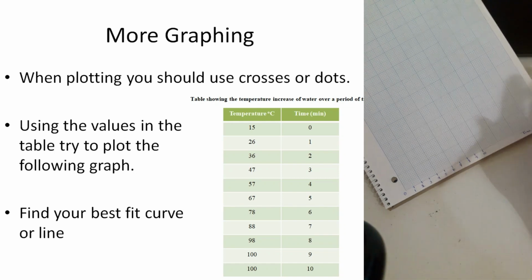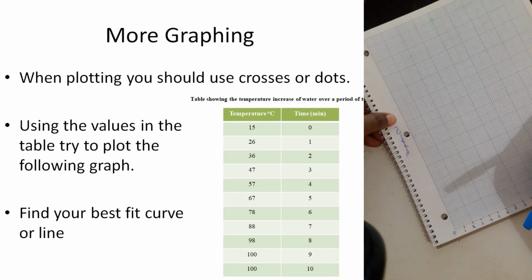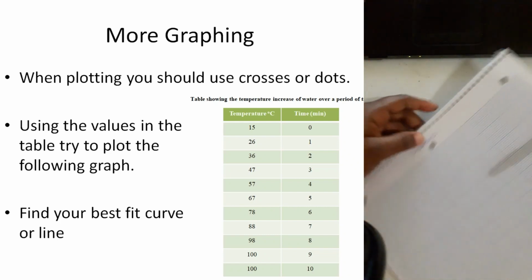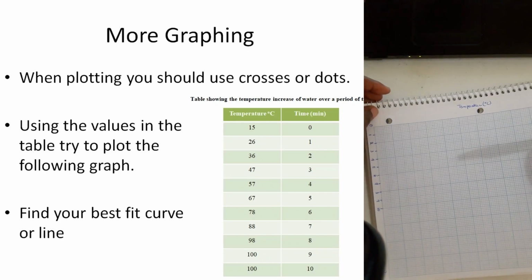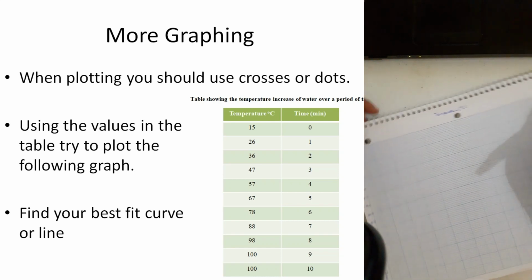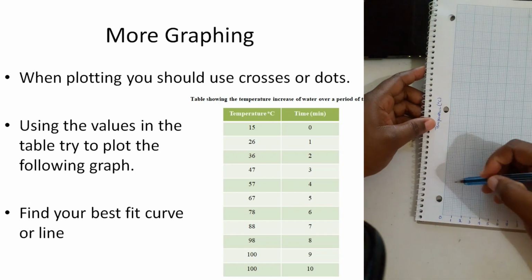So that's good. And now for temperature, we are going to go up to 100. So we need to see if we have enough space for this. So let's see.